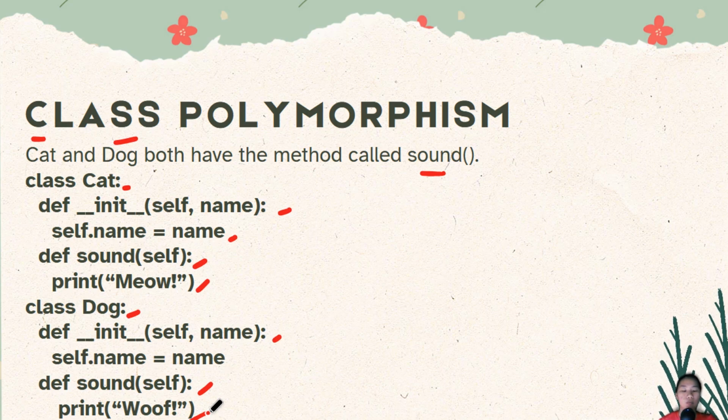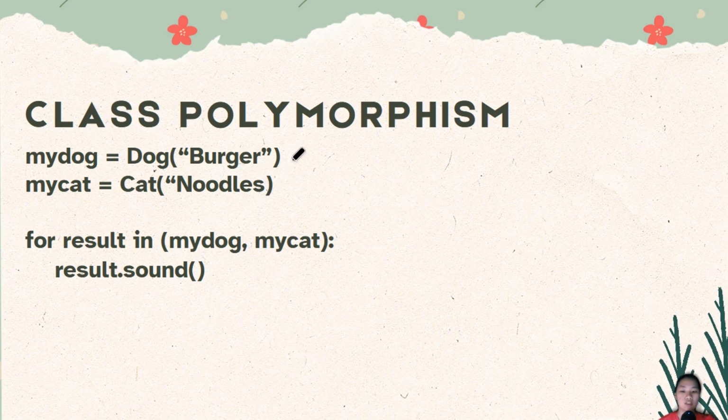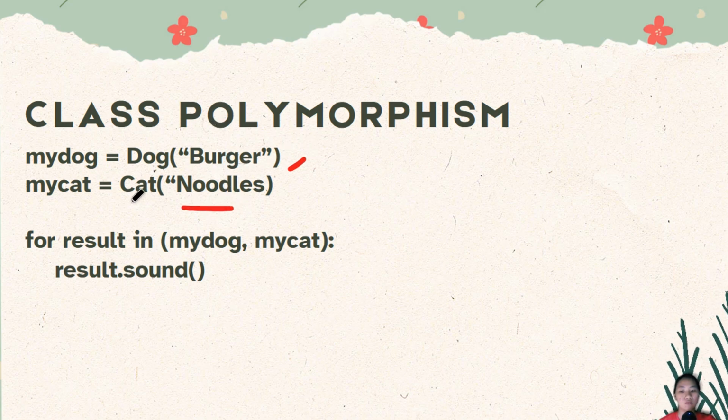And this is the polymorphism attribute over here, since you can reuse the function for both classes and they serve the same purpose with the same name. Continuing the code that I've shown you, I have a variable, my dog, with the dog class, and burger passed in as the name, and noodles for the cat one.